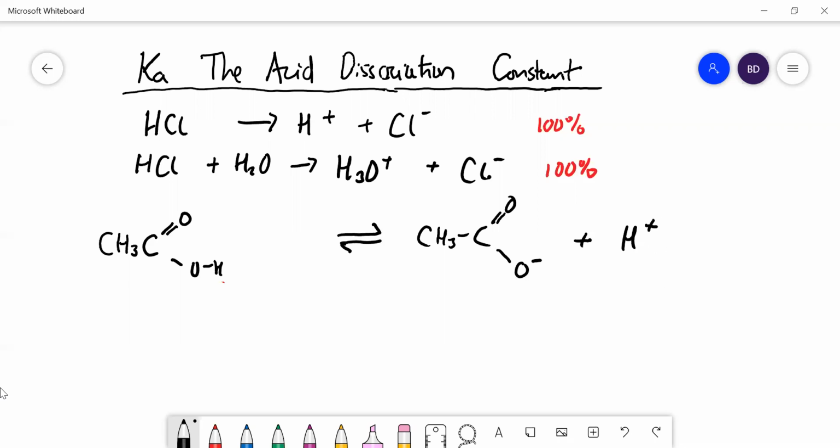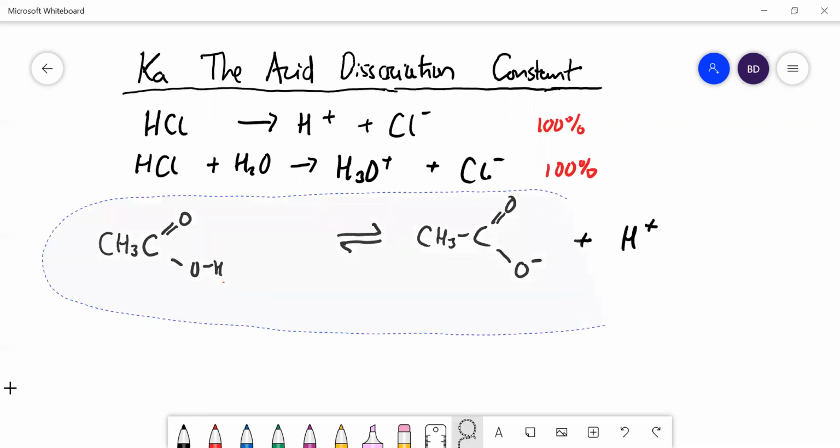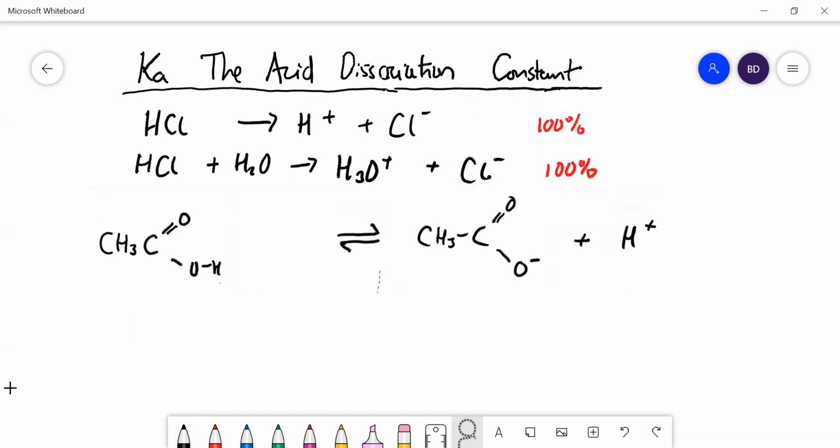So this is a weak acid. Let's have a look at what's going on here.